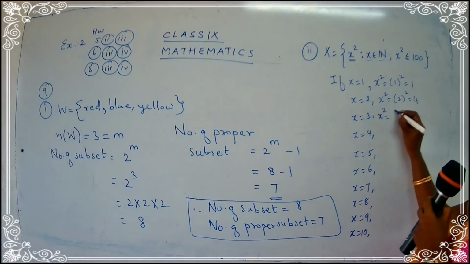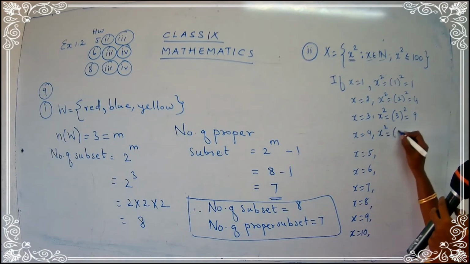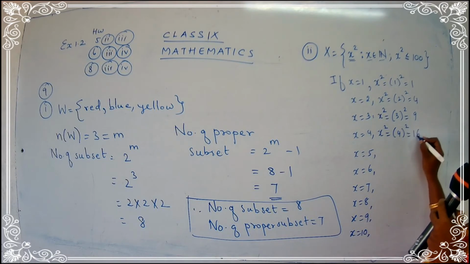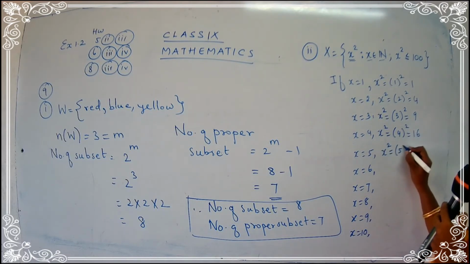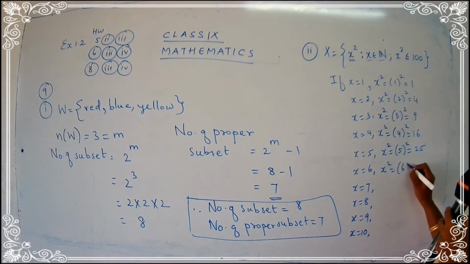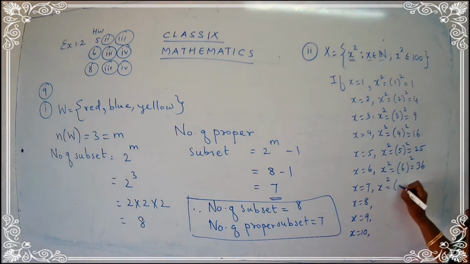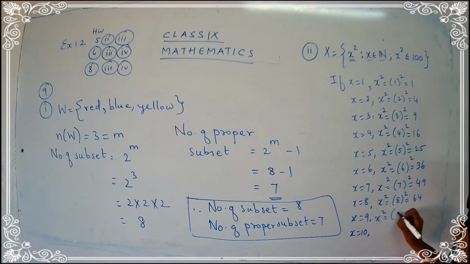So x square is equal to 3 square, that's 9. x square is equal to 4 square, 16. 5 square, 25. 6 square, 6 sixes are 36. 7 square, 49. 8 square, 8 eights are 64. 9 square, 81. 10 square, 100.